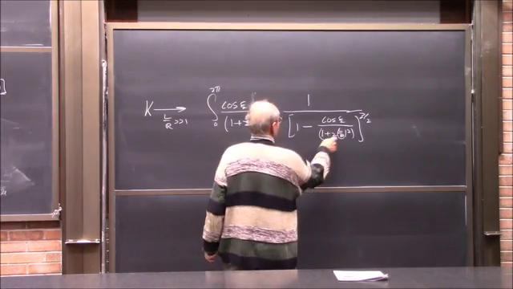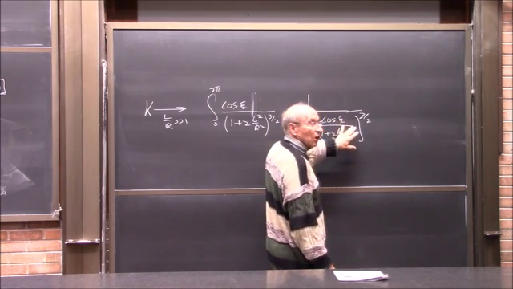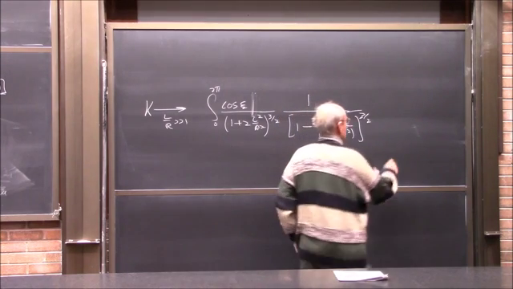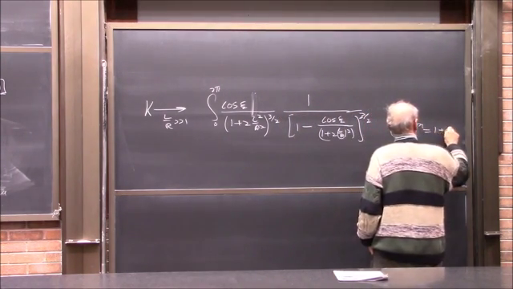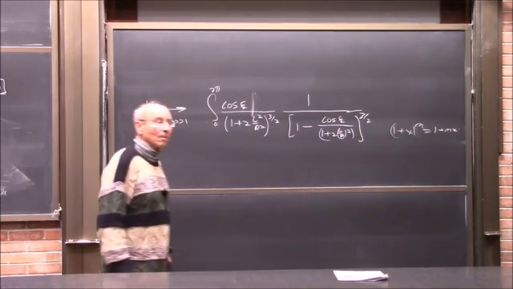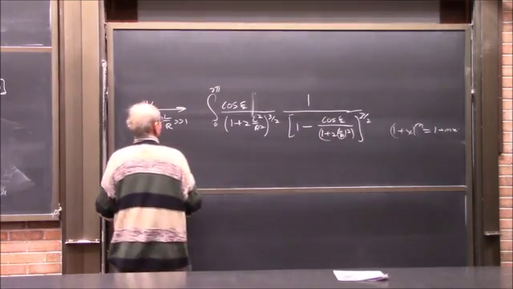But now if L over R is big, then this is small, so this is 1 plus x. And we know how to do that. 1 plus x to the n is 1 plus nx plus higher order terms. So we will expand this as that.